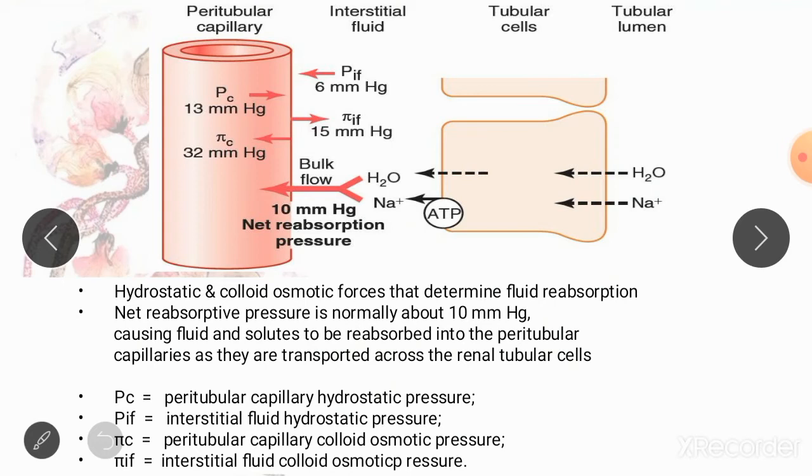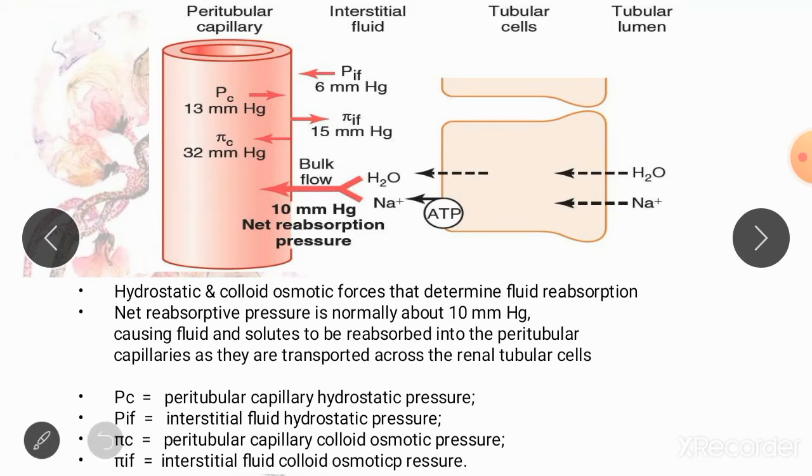We have two hydrostatic pressures and two colloid osmotic pressures, and remember that the colloid osmotic pressure in the interstitium is not zero like it was in the glomerular Bowman's capsule. In fact, it is very high. It is around 15 millimeter mercury because of the solutes which are present in this area, which were reabsorbed from the lumen, and also because of the proteins which are secreted by the renal epithelial cells.